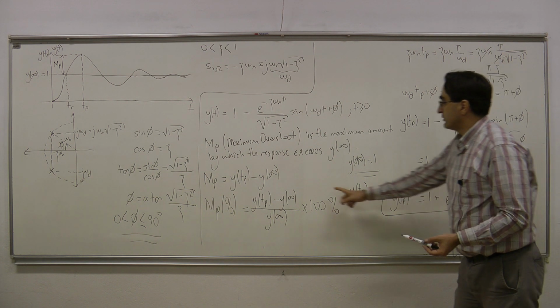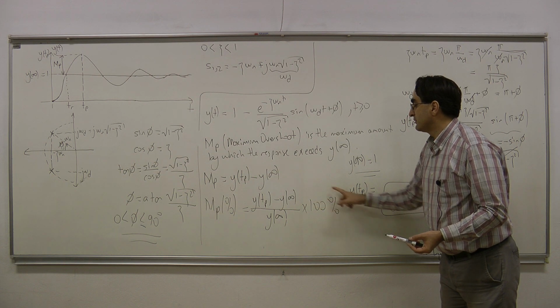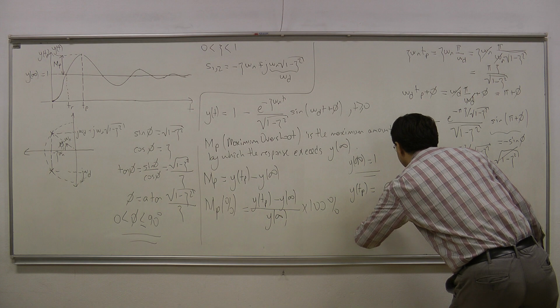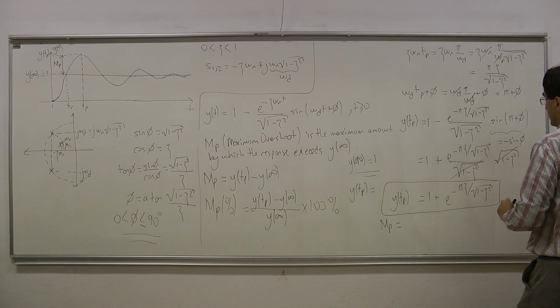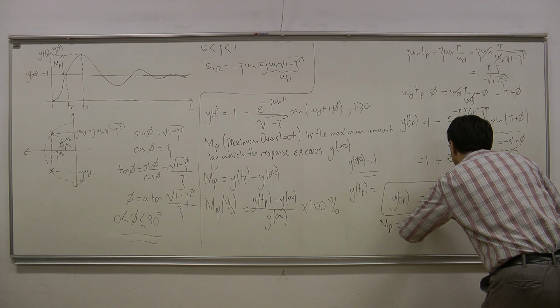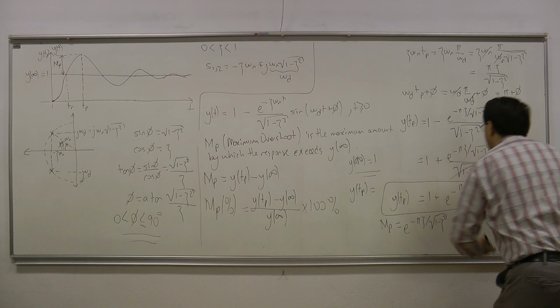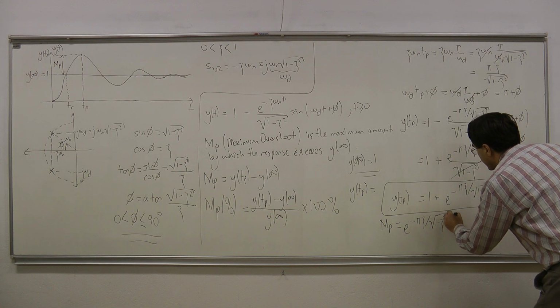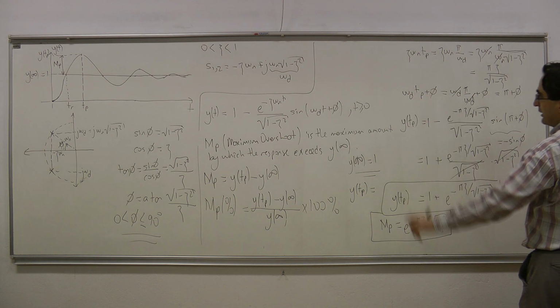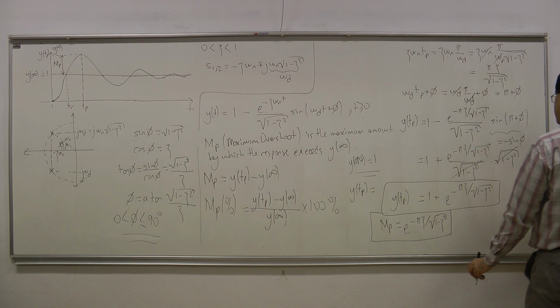If I want the percentage value, I will multiply it by 100%. Okay? So MP, if I write this result here, is e to the minus pi psi over square root of 1 minus psi square. This is my absolute overshoot formula for the case of a second order system in standard form.